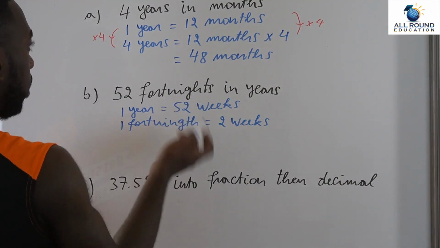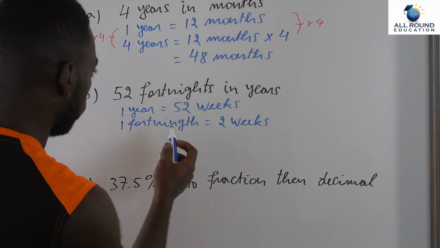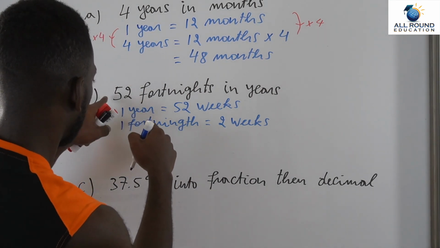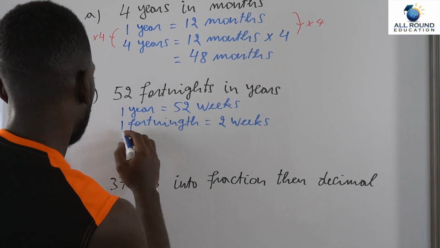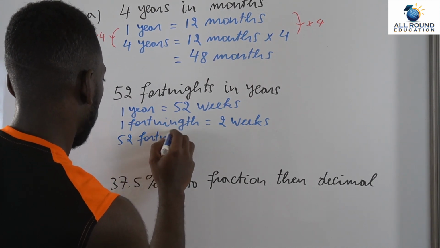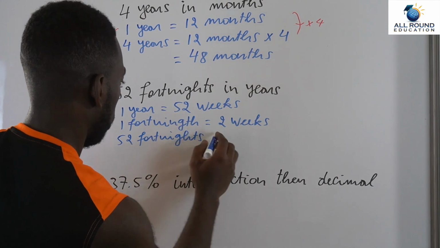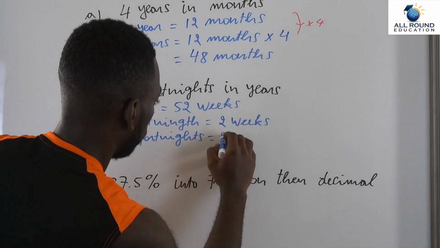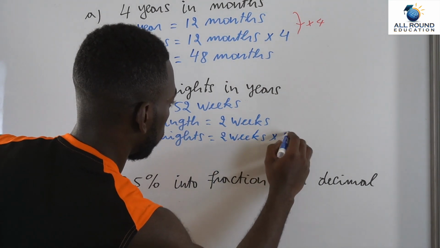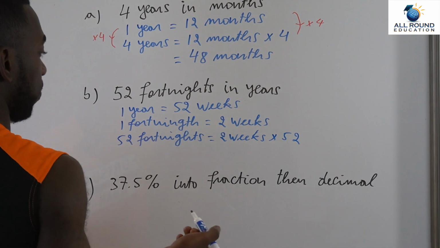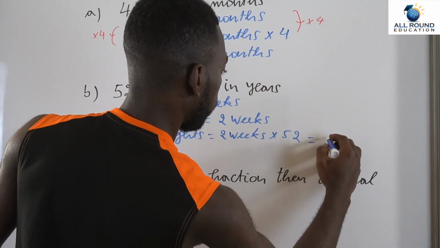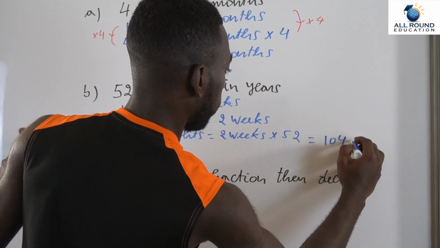Then what we have to do next is take 52 fortnights, which will be equal to 2 weeks times by 52. 2 weeks times by 52 gives us 104 weeks.